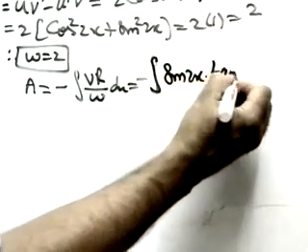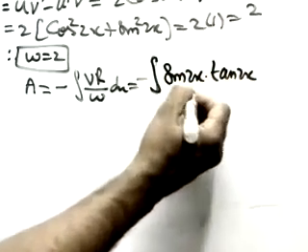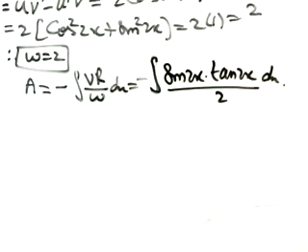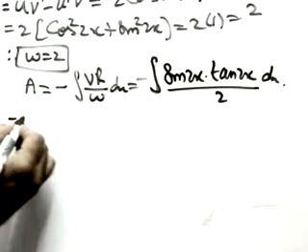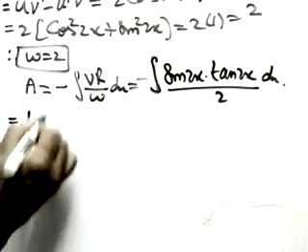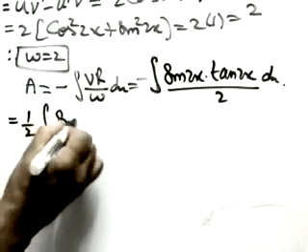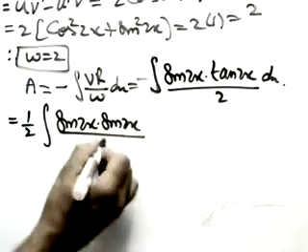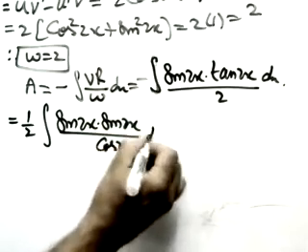So sin 2x into tan 2x, divided by w, divided by 2. Now we have to solve this one. You do one thing. Tan can be written as sin by cos. You take the 2 outside. 2 is a constant, and whenever you get a constant, you take it outside. Now this is sin 2x into tan, which can be written as sin by cos.